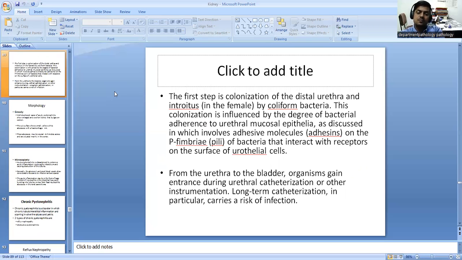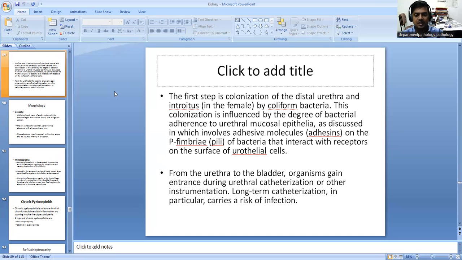This colonization is influenced by the degree of bacterial adherence to urethral mucosal epithelia, which involves adhesive molecules known as adhesins on the P fimbriae of bacteria that interact with receptors on the surface of urethral cells.